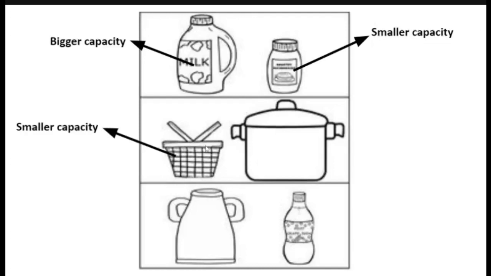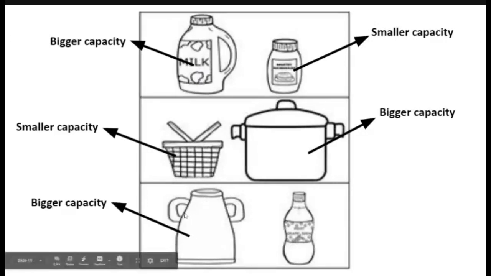Let's look at this basket and this pot. This basket has smaller capacity. We cannot put so many things into it. And this pot is big. It has bigger capacity. We can put a lot into it.